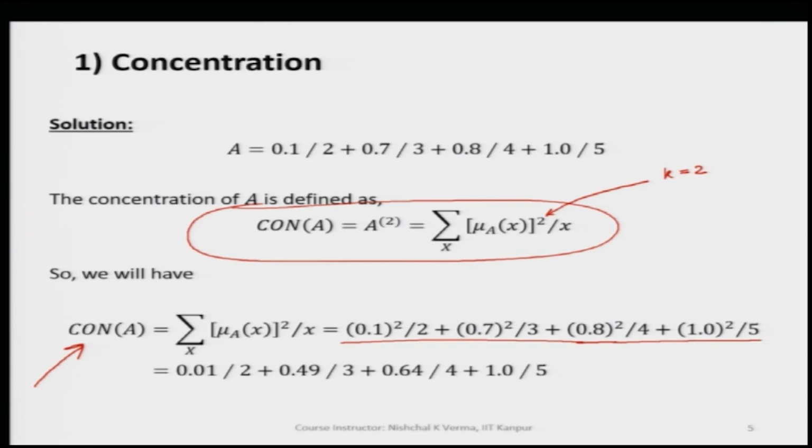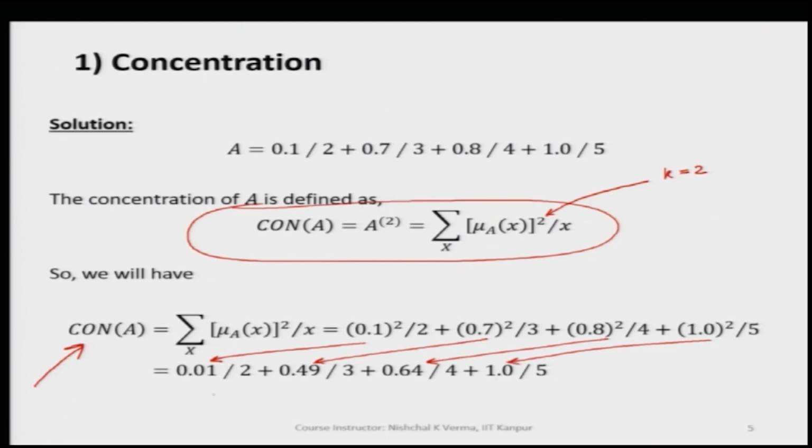We are doing nothing except squaring the membership values of the corresponding generic values of x. When we square these, we get 0.01 when we square 0.1, 0.49 when we square 0.7, 0.64 when we square 0.8, and 1 when we square 1.